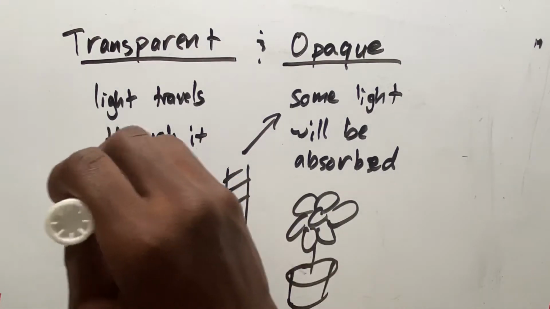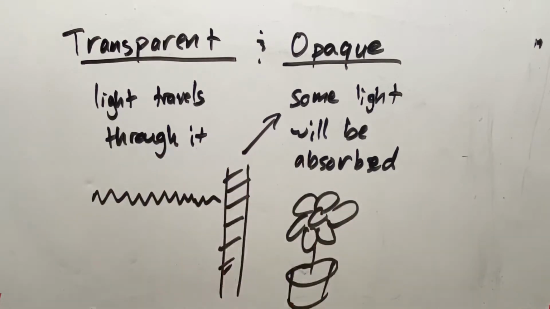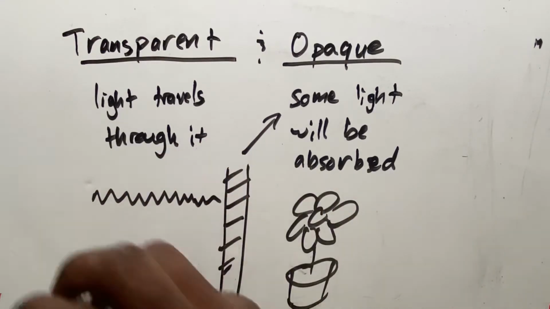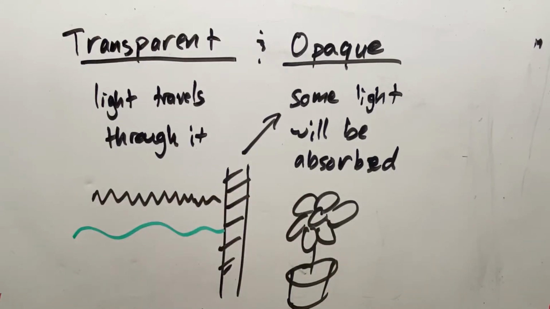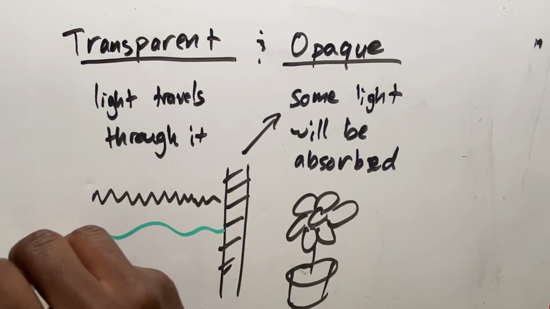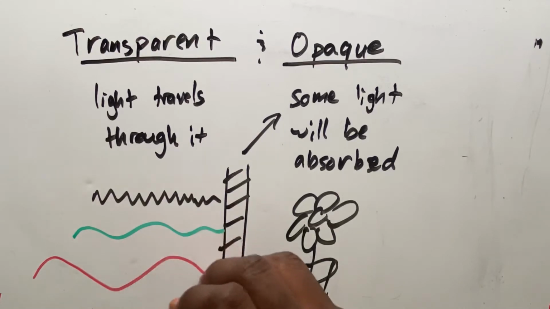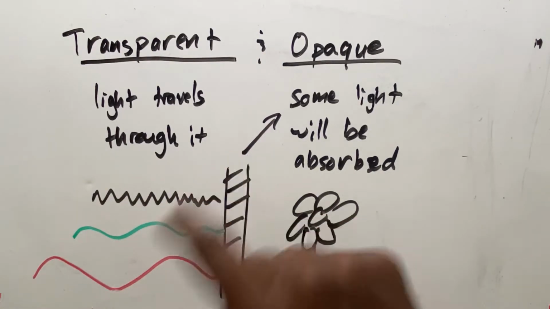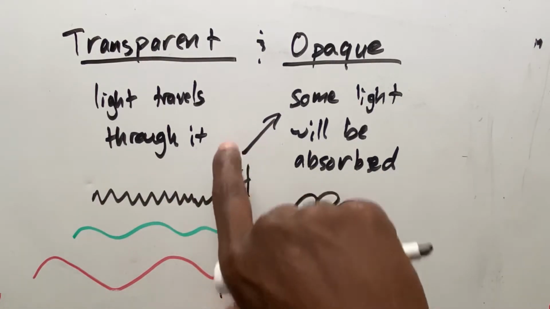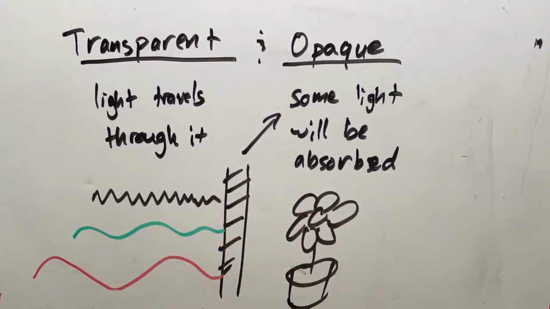We have the ultraviolet light, high frequency, some visible light, and then we have infrared light, which is heat. So we have all these forms of light coming in and hitting this basically opaque material.